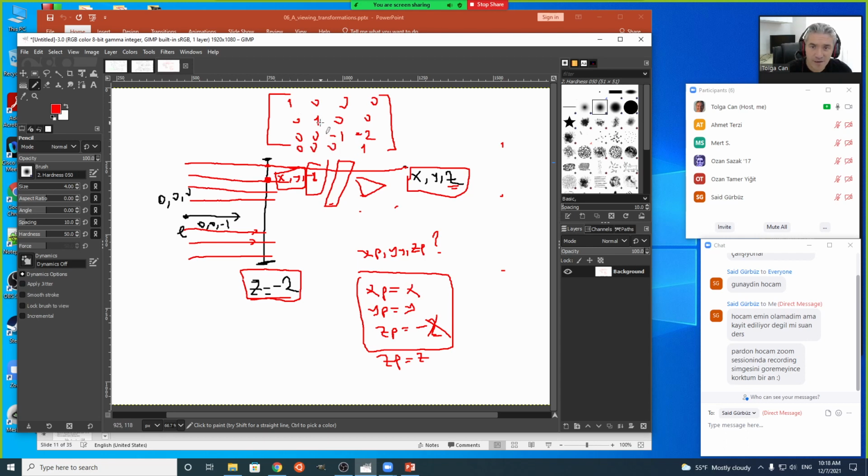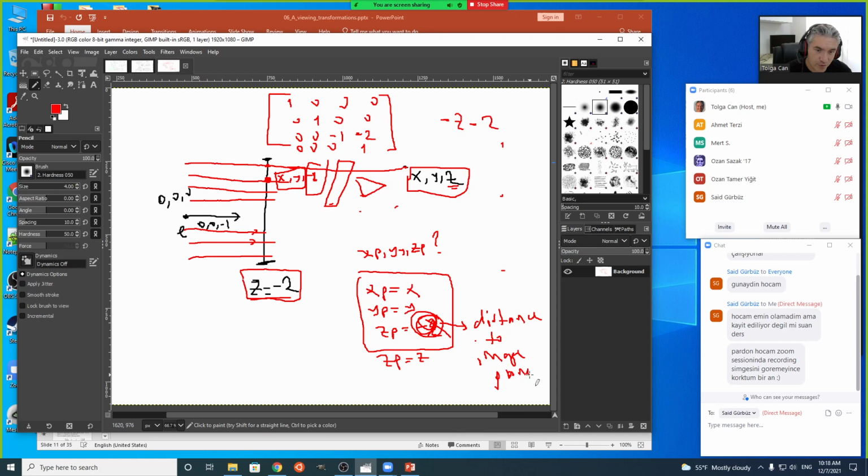So everything remains the same. The last coordinate becomes -z -2, right? So -z -2 makes it whatever your z coordinates were after the projection. This value here shows the distance of the point to the image plane.